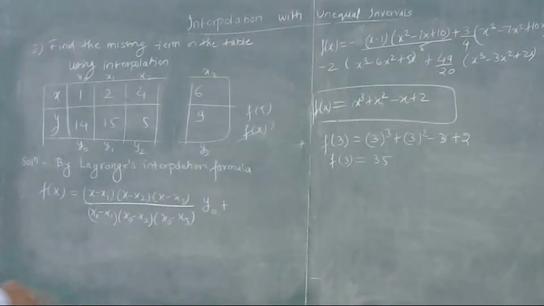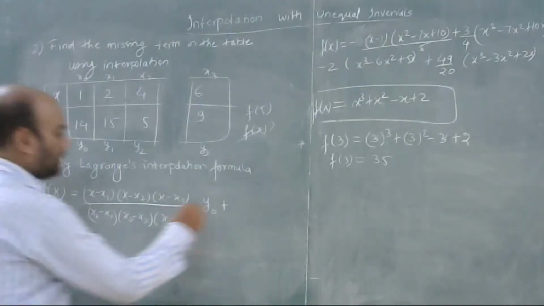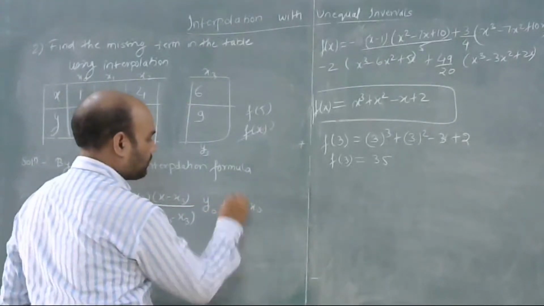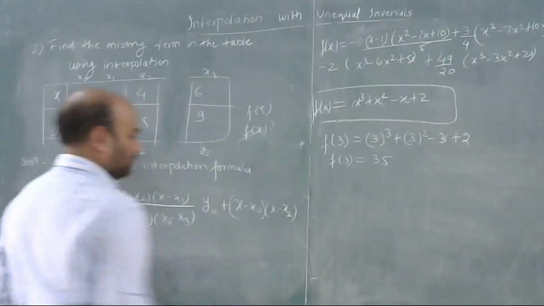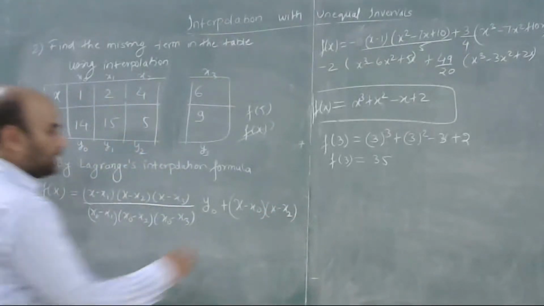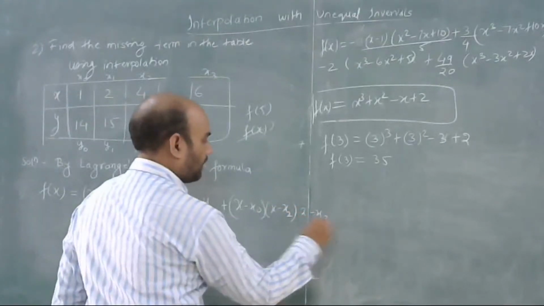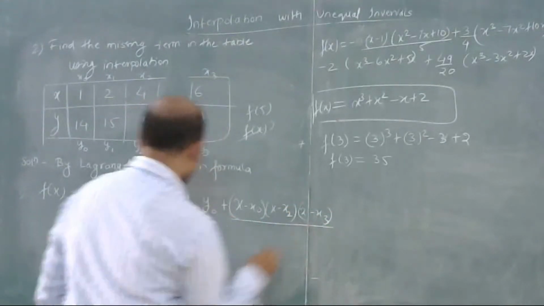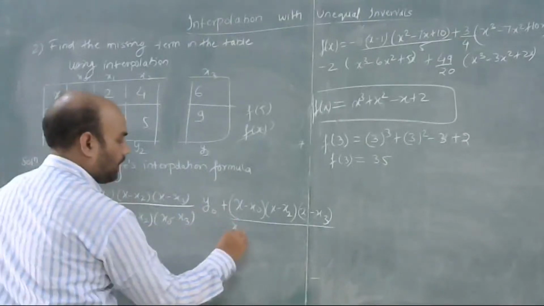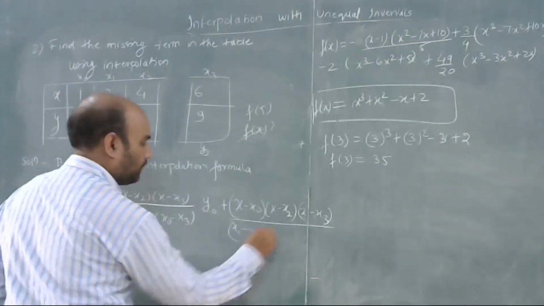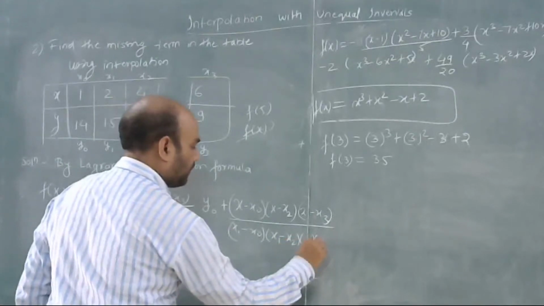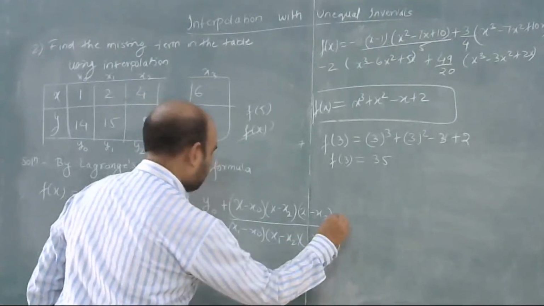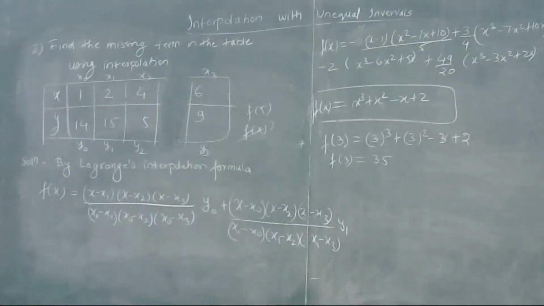Plus second term: we start with x minus x0, x minus x2. There will be no x1, and x minus x3, whole divided by x1 minus x0, x1 minus x2, x1 minus x3, into y1. Okay.